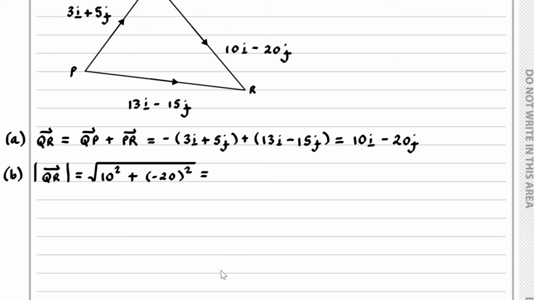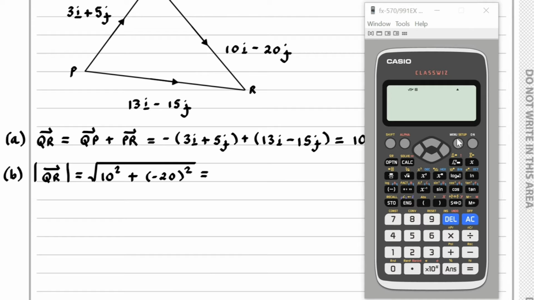It turns out we have 10 multiplied by the square root of 5.